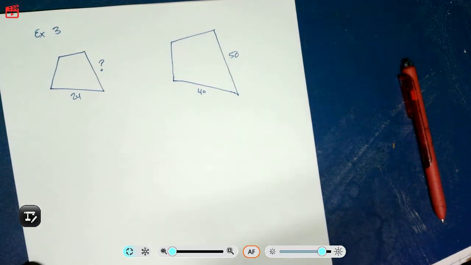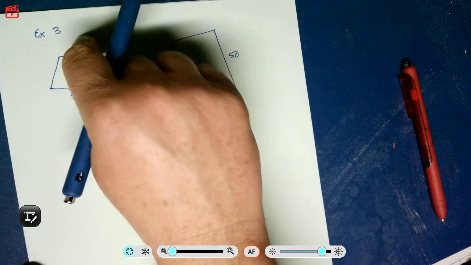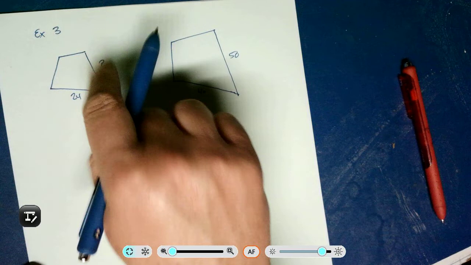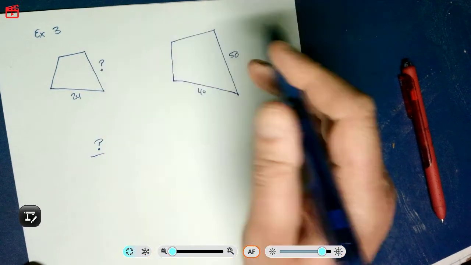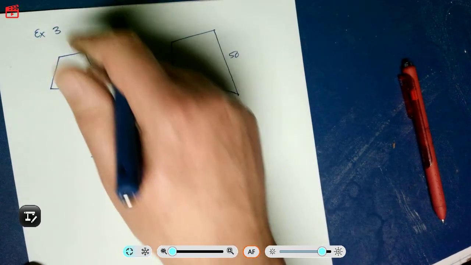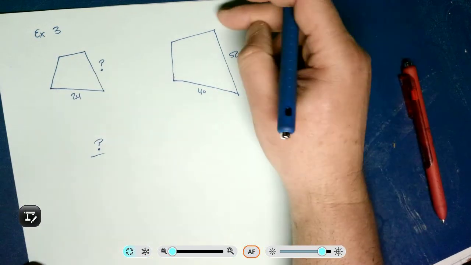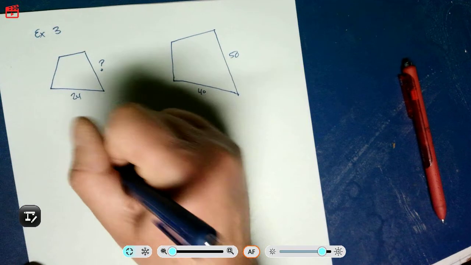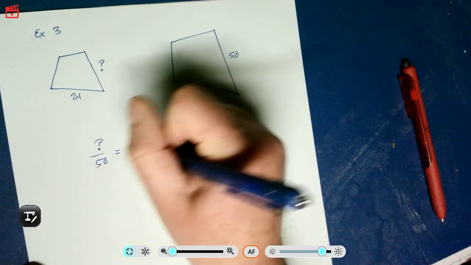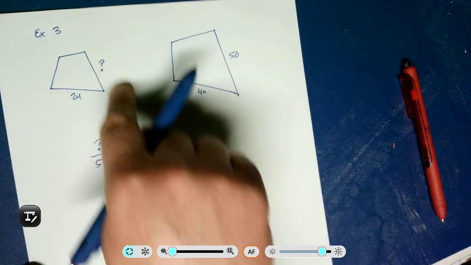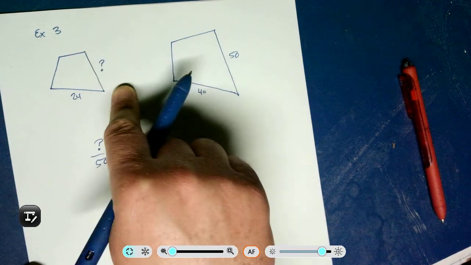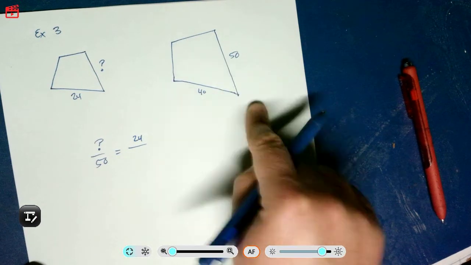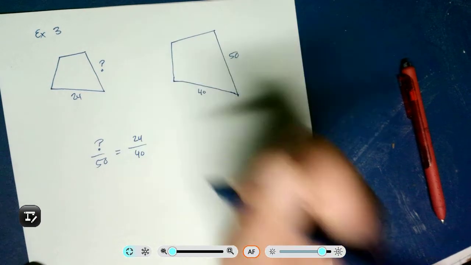So a couple different ways you can set this up. I could do, with the smaller quadrilateral, the right side of your figure over the right side of the larger quadrilateral. And since I start off with the smaller quadrilateral, I'll do the bottom side of 24 over its corresponding side of 40.